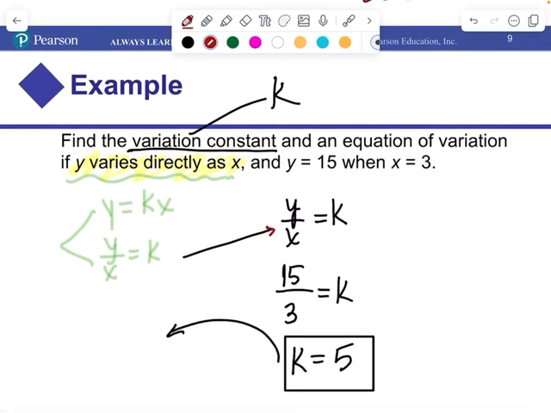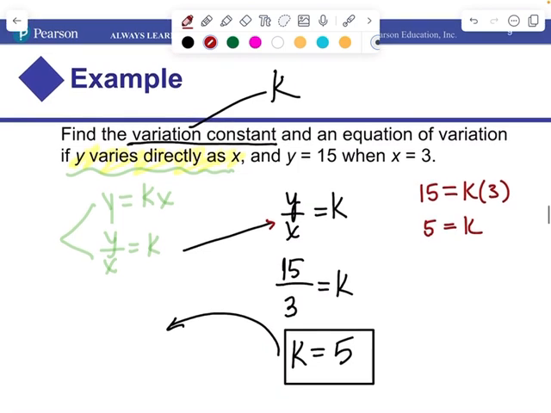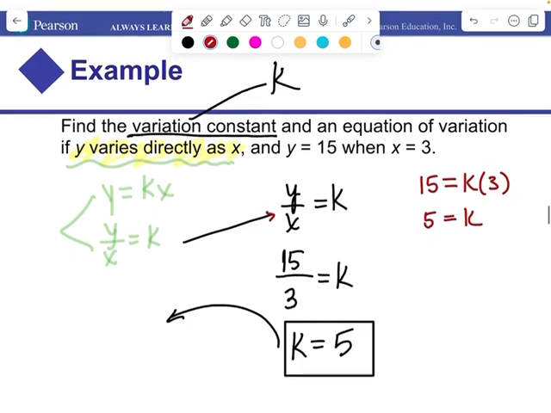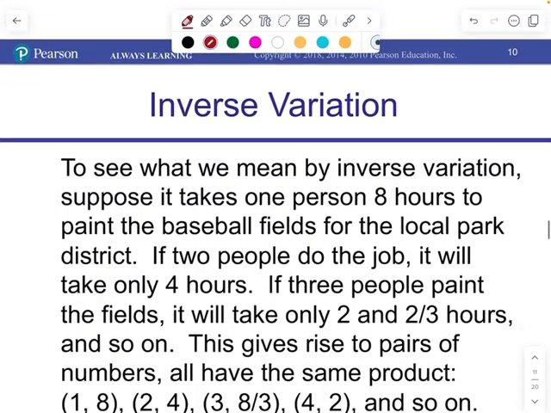Or you could take the first kind. You could say 15 is equal to k times 3, and then you would still divide by 3, and you would get k is equal to 5. You get the same thing, but you could use either form. When you have y and x, when you plug them in, you've already got k solved for by itself. So that's kind of helpful too.